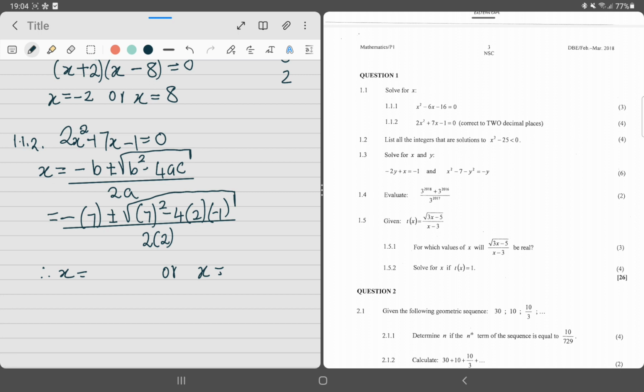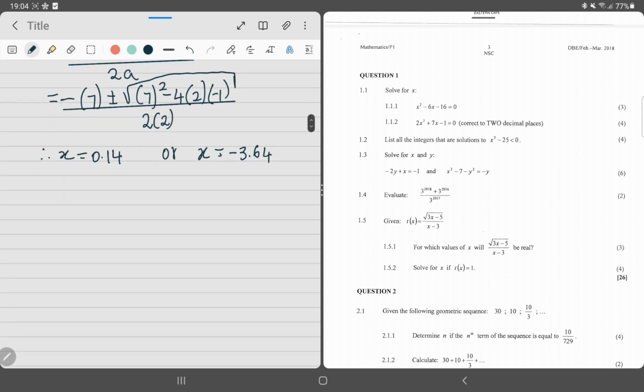So it's negative 7 plus square root of 7 squared minus 4 into a c, 2 into 2. So this is 0.14, or x is negative 3.64.